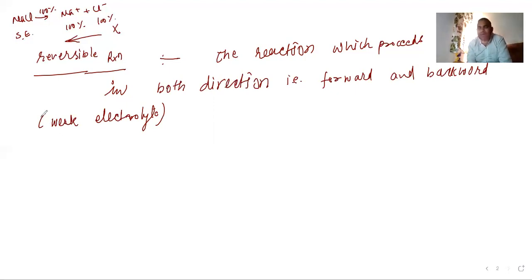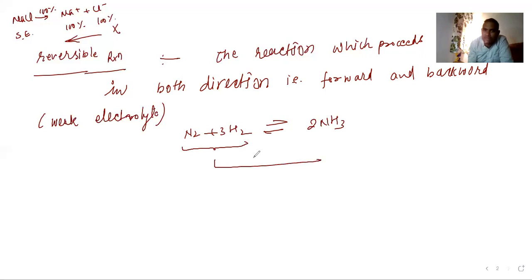Now suppose I have N2 plus 3H2, this is the Haber process, and it gives 2NH3. This amount of N2 and 3H2 combines to give NH3 in the forward direction.